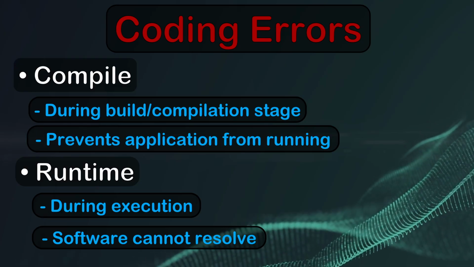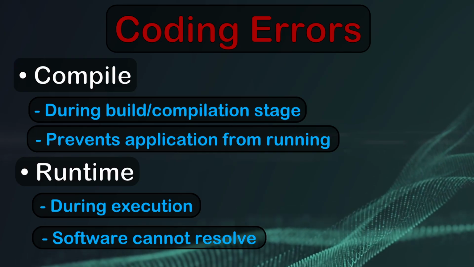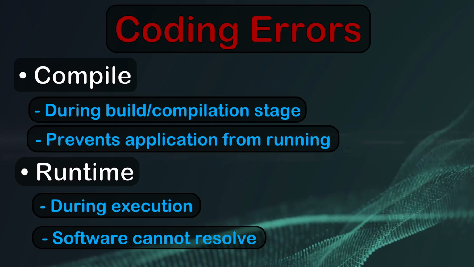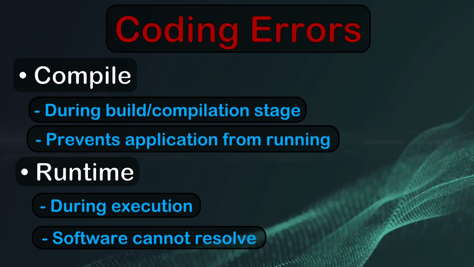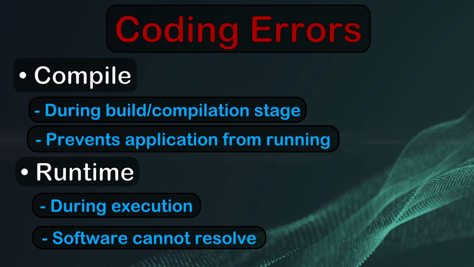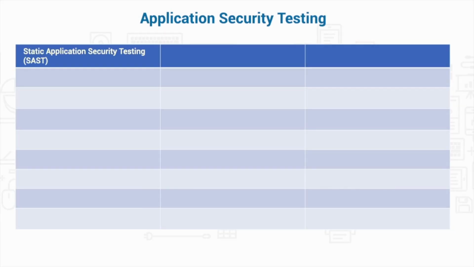During the coding and design phases, you can increase application security by integrating security testing into each step of the process. Let's look at 3 testing methods: static, dynamic, and interactive application security testing. Static application security testing, or SAST, is also known as white box testing. SAST focuses on analyzing source code, binaries, and bytecode early in the development process.